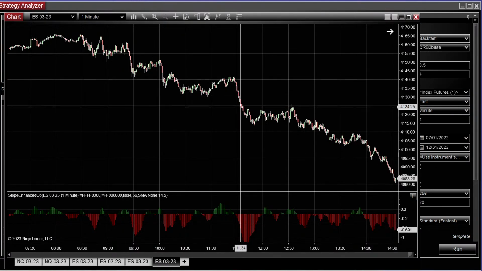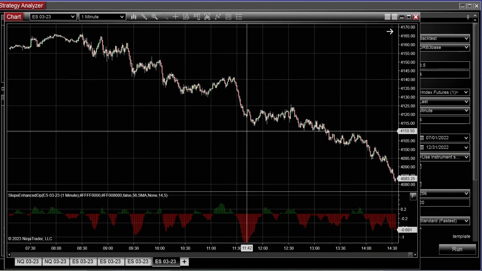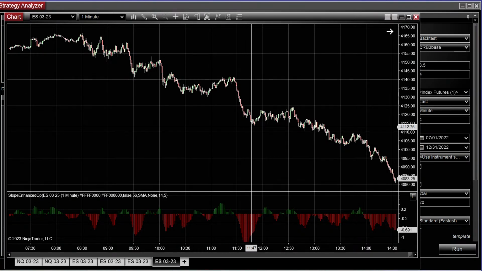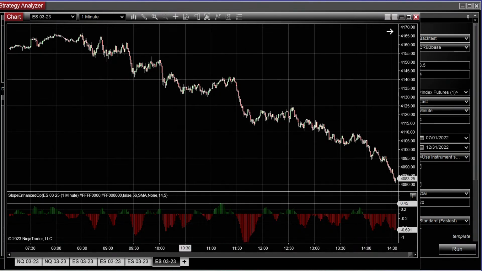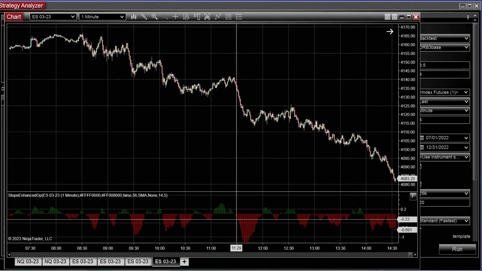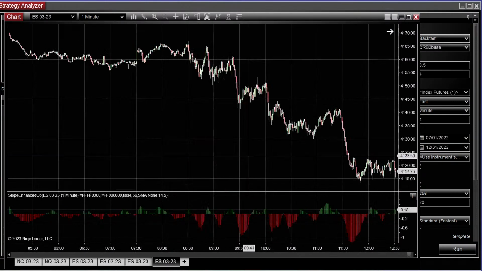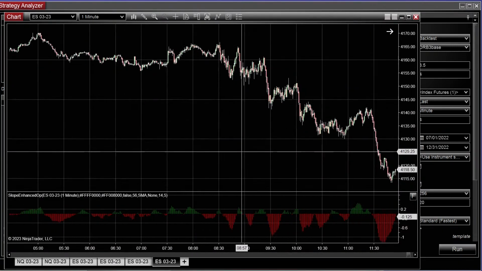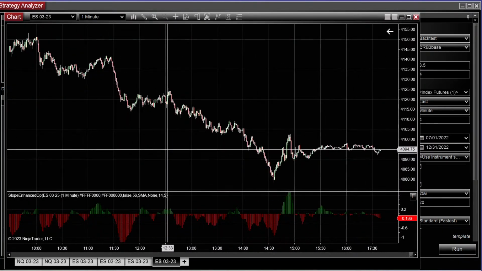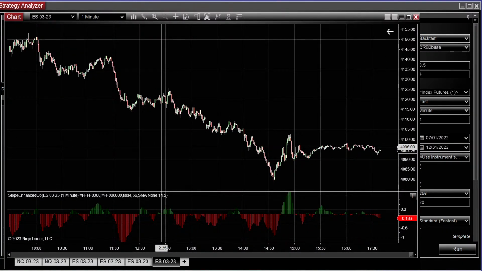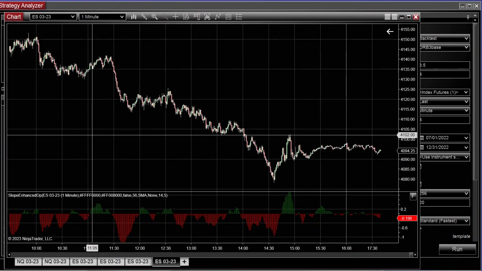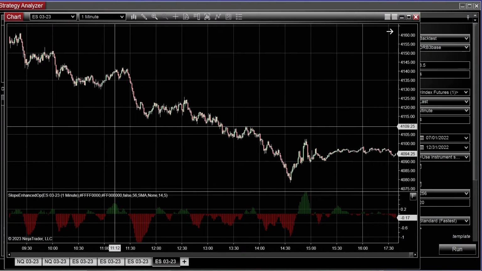But it's good at telling us that we did have a momentous move, or whenever we did have an area of consolidation. Due to the lagging nature, of course, we're not going to be using this on the time frame that we're trading on. That wouldn't give much value.